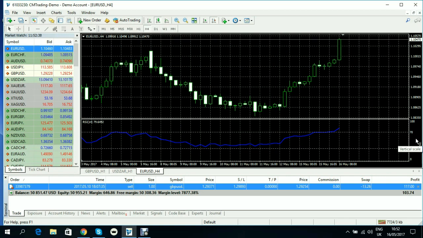We can use the RSI to identify potential tops and bottoms, depending on whether the market is overbought or oversold. Now, when looking at the RSI line, this line, we are actually looking at it with regard to this trend.